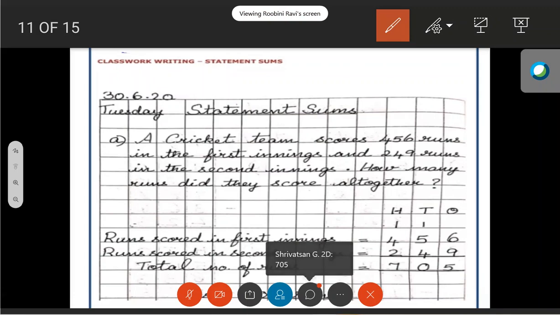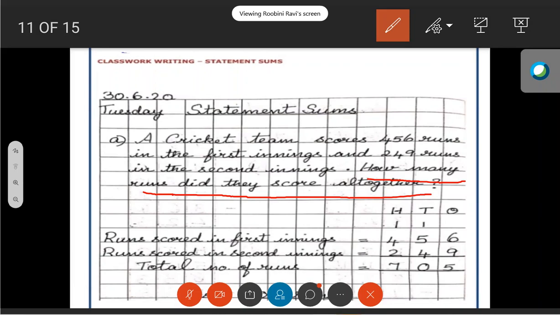How many runs did they score altogether? What is the question? How many runs did they score altogether? Okay, now you got it.